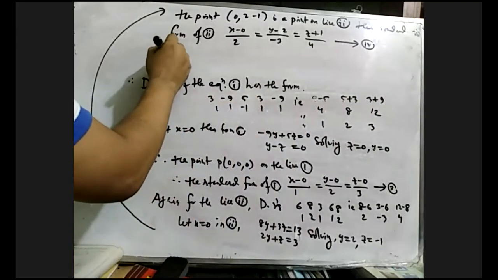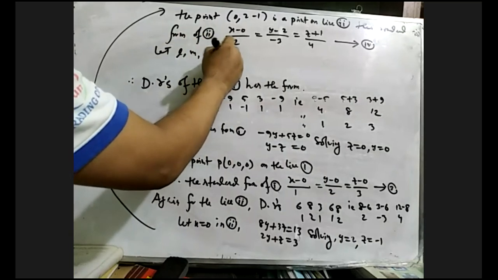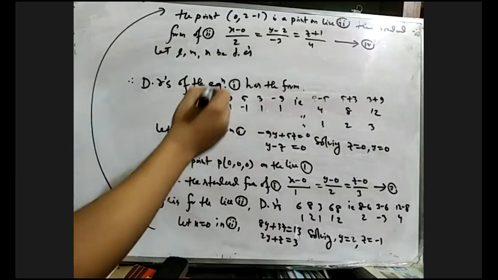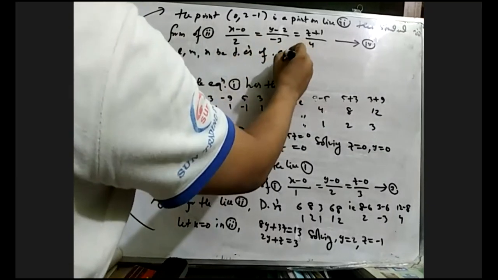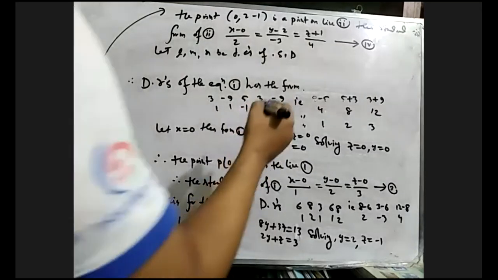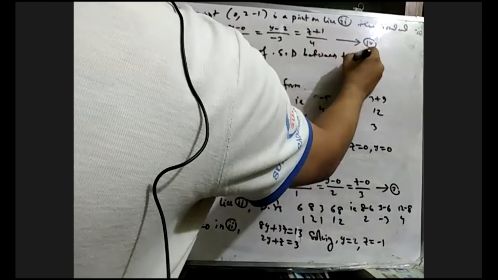Let l, m, n be the direction cosines of the shortest distance between the two lines 3 and 4.